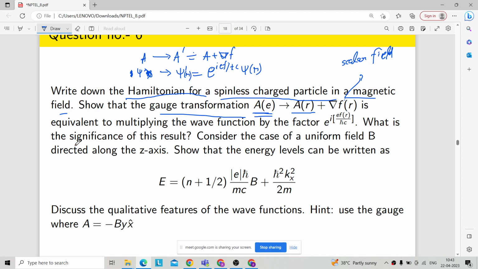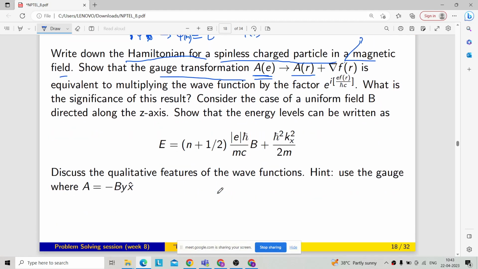Then what is the significance of this result? Then consider the case of a uniform magnetic field in the z direction. Then show that the energy level will be written as this, and discuss the qualitative feature of the wave function. We are given hints like this: A is in x direction and its magnitude is minus b y.